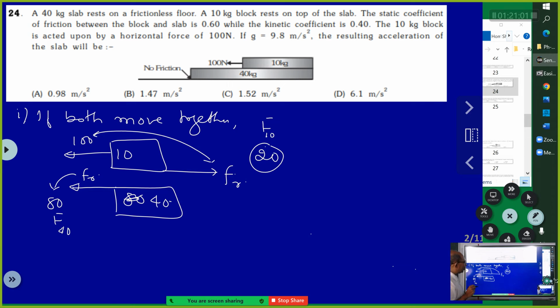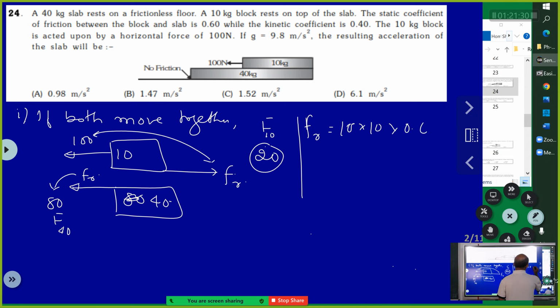Okay. Now the question is, this is if it is moving like this. Now with the given condition, what is the maximum friction between the 10 kg and 40 kg? Now we see the maximum frictional force. This is going to be mu into 10 into G. First find out the static friction. Static friction given is 0.6.